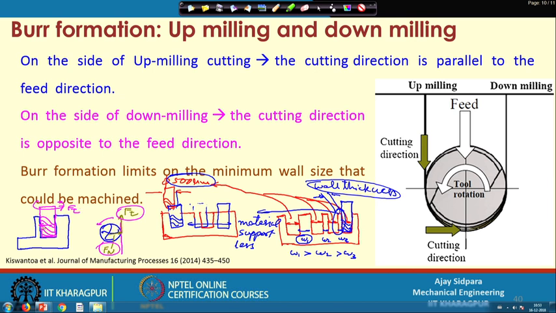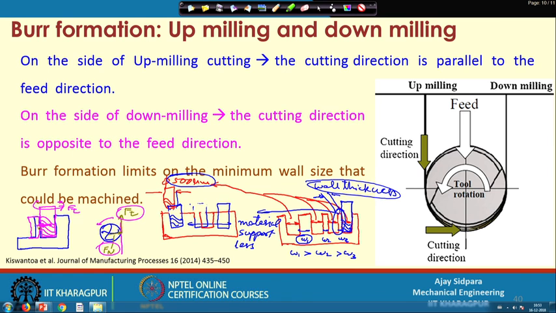right. Because of this FN, when FN is exerting on this surface, this particular thickness of the wall is very less. So, it will actually bend. So, you may get this kind of thing, bending of this particular last wall, or where the wall thickness is very less, at that time you will encounter bending.